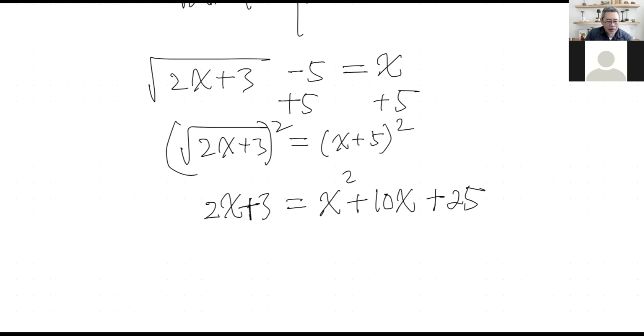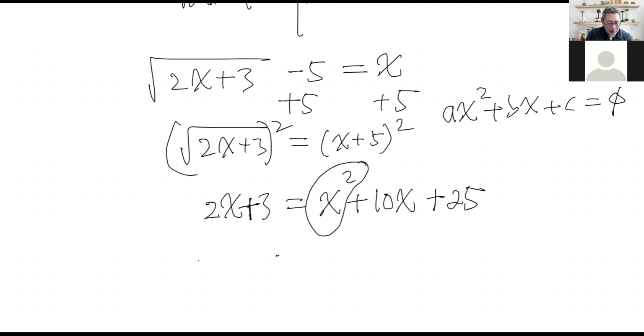Okay, so now we have this quadratic term. So this is a quadratic equation. And to solve that, we have to make it into this form, ax squared plus bx plus c equal to 0. Basically we write this as x squared plus 10x plus 25 equals 2x plus 3.